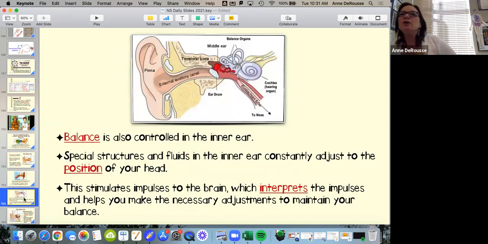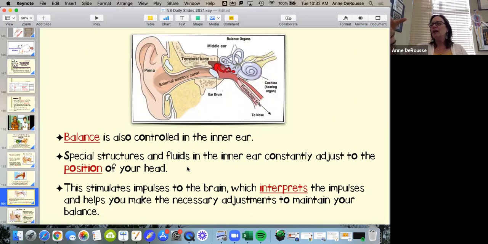Now, do you remember we talked about balance is controlled by different senses that you use? I think I mentioned that you use sight and hearing for maintaining balance. Well, there are special structures and fluids that are constantly adjusting to the position of your head.